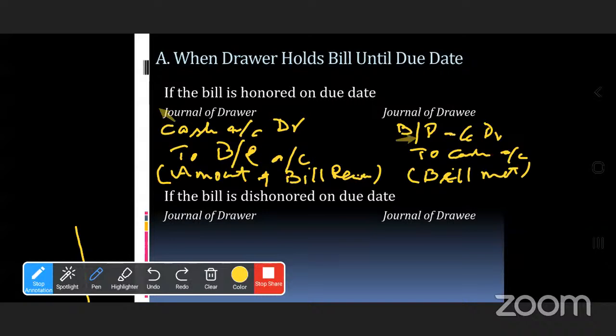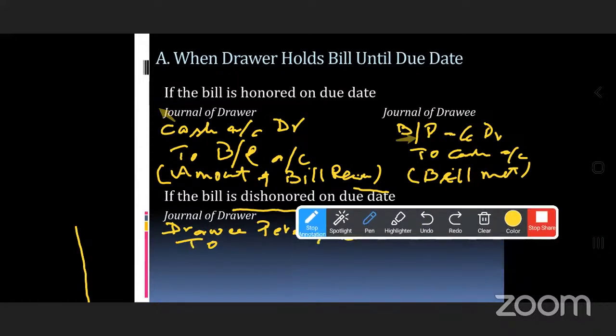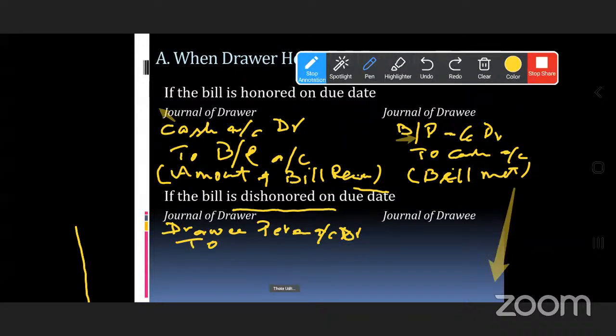That is, if the bill is dishonored on the due date, you will be writing this journal entry as drawee's personal account debtor to bills receivable account. That is, being the bill dishonored.